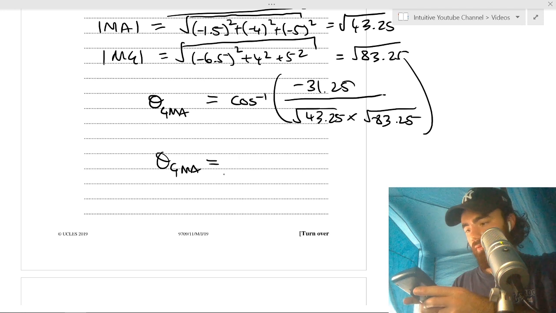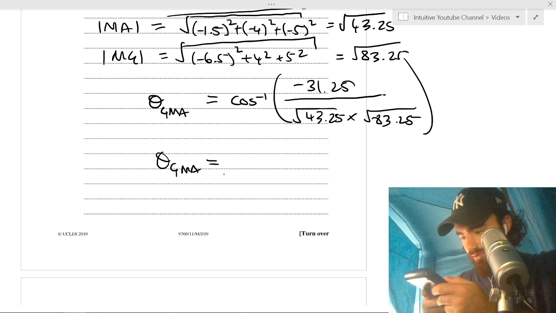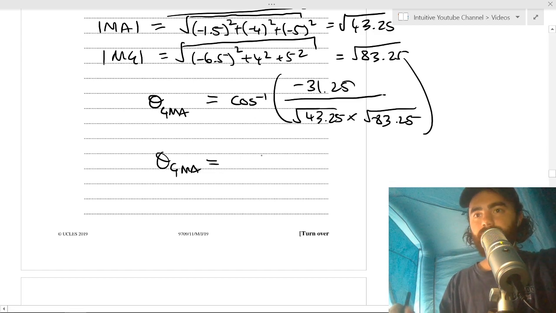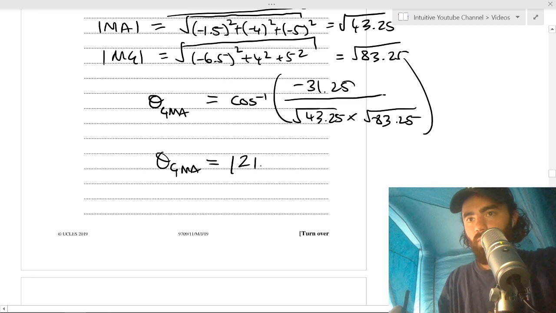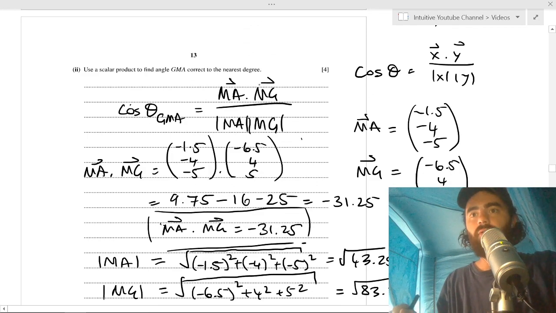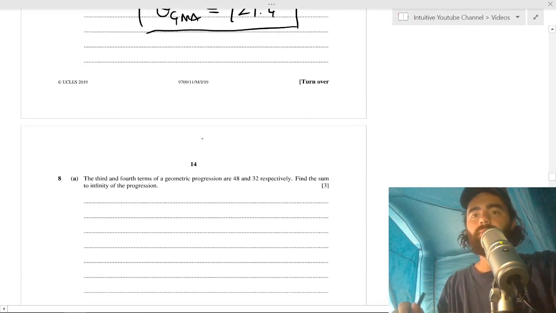If you put that into your calculator, shift cos, it equals 121.4 degrees. 121.4 degrees. So the key with that is just to know what you have to find, and find each individual thing out.